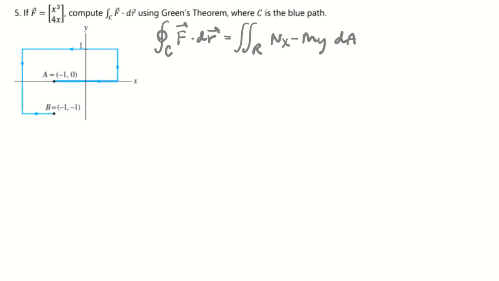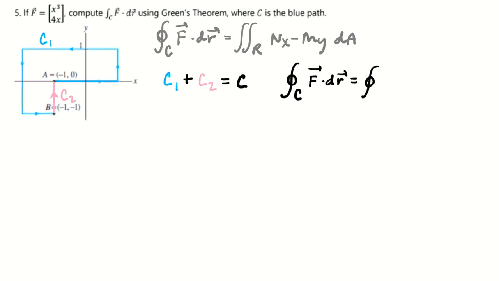So I'm going to just draw a little bit more path here. And maybe I'll draw it in pink. Okay. Maybe I'll call that C2. And if I'm calling the blue path C1, then C1 plus C2 is C, and this integral over the closed curve C I can write as the sum of the integral over C1 plus the integral over C2.